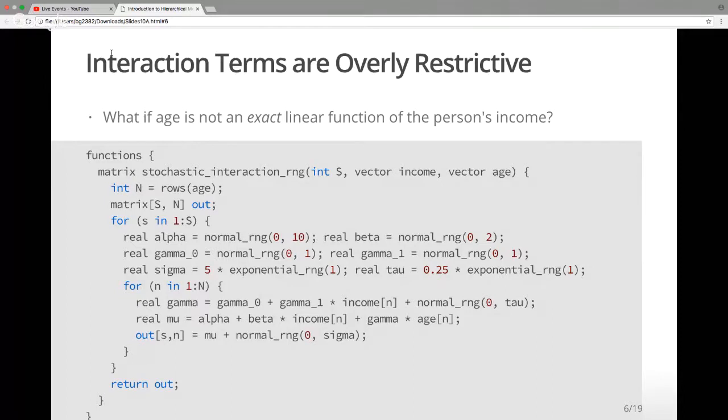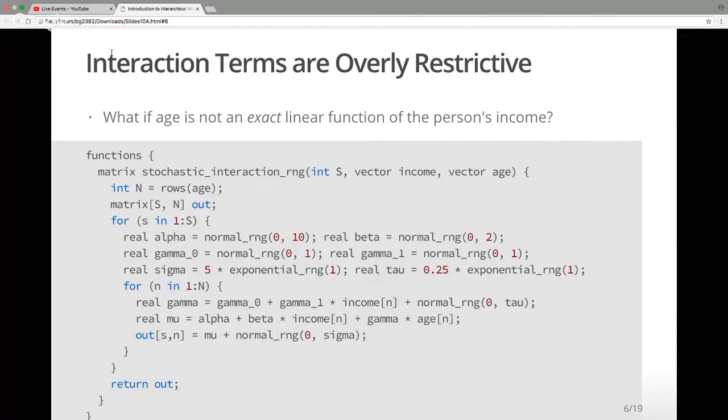So here I chose a prior on tau that is exponential with a mean of 0.25, which reflects a prior belief that the coefficient on age, gamma here, doesn't differ too much from one person to the next that have the same income. But they could easily differ by 0.5 or so.